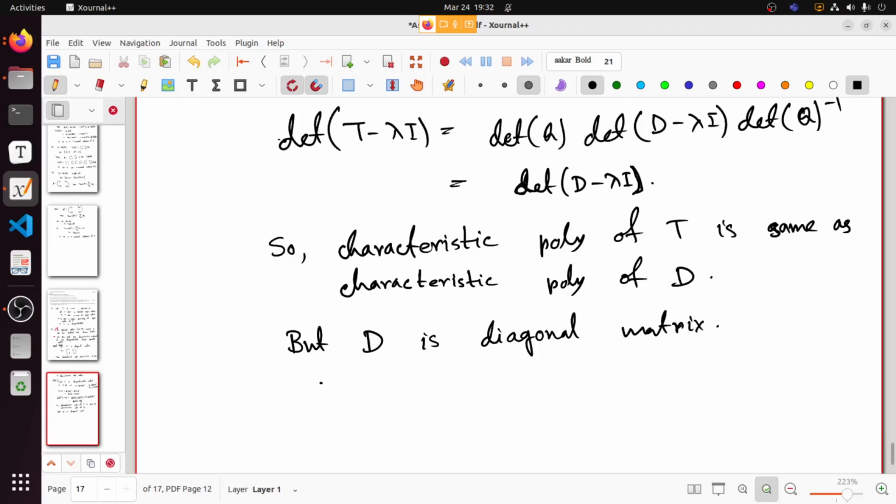So for D we know that the characteristic polynomial splits, by case 1, which implies the characteristic polynomial of T also splits.